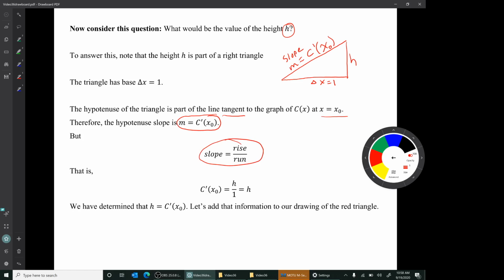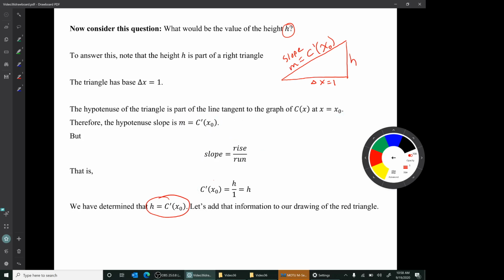So in our triangle, that slope m, which is c prime parentheses x subscript 0, is our rise over our run. So this simplifies to the equation that h equals c prime parentheses x subscript 0.